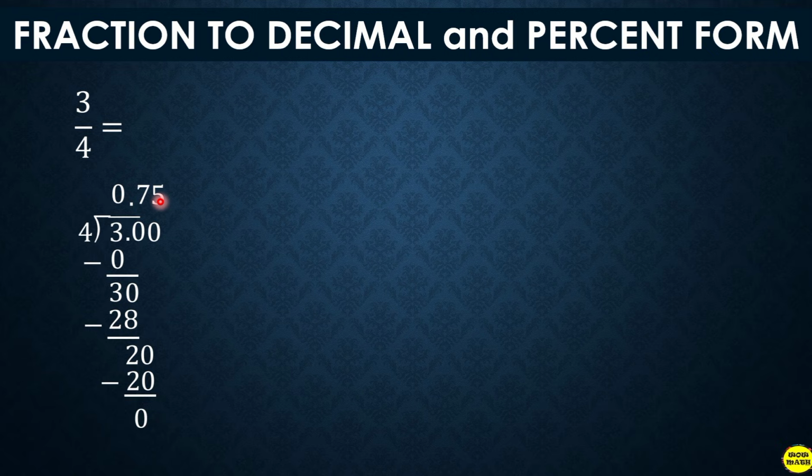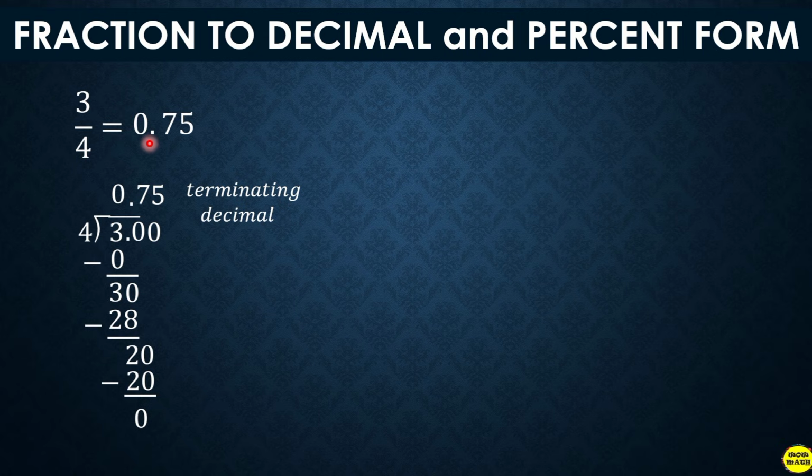Now, 0.75 is what kind of decimal? Terminating decimal. So, pag sinabi nating terminating, there is an exact representation. So, ano siya? Sakto. Okay? So, 0.75 is an example of terminating decimal. And then, so therefore, 3/4 is equivalent to 0.75. Okay?